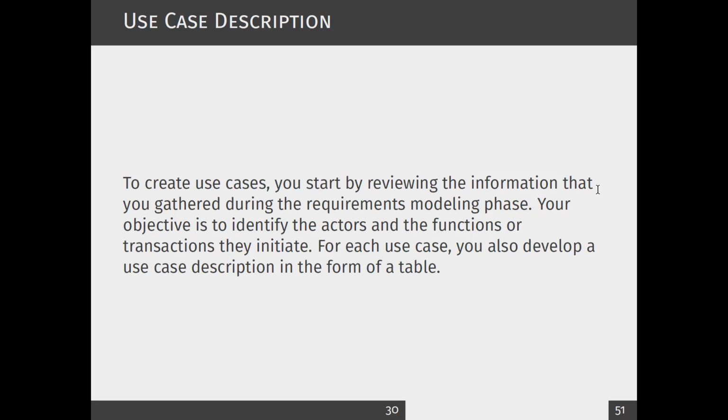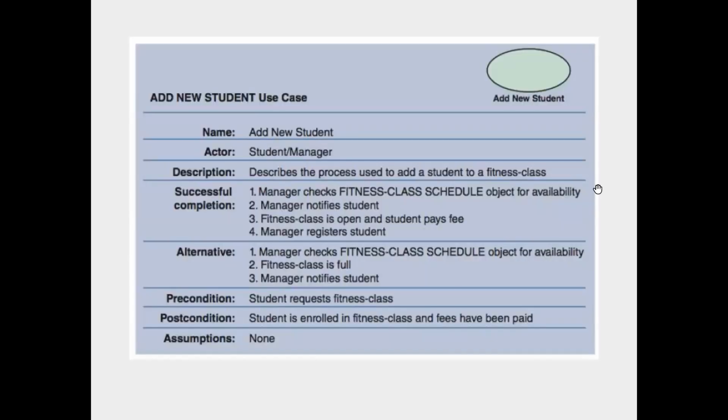So for each use case, you can have what we call a use case description, and you can put it as a table, right? Something like this. Now, let's say we have a use case, add new student. So the name of the use case is add new student. And when you have a use case, there should be somebody interacting with this. So in this particular case, we will list down all the actors.